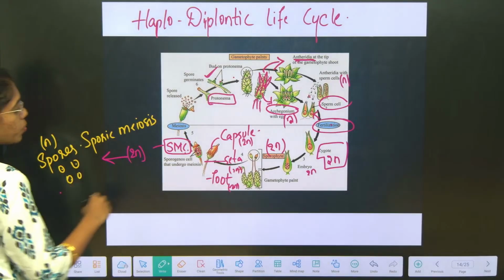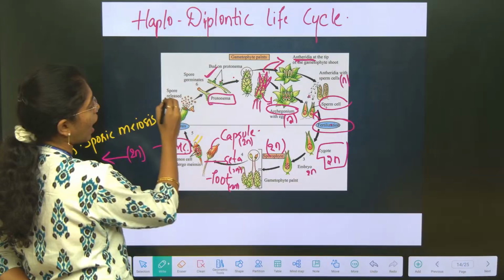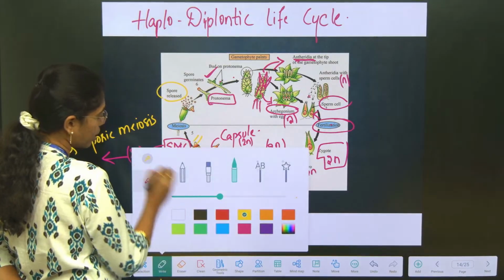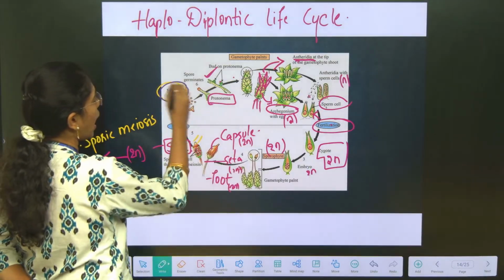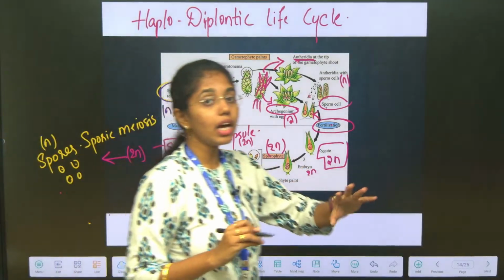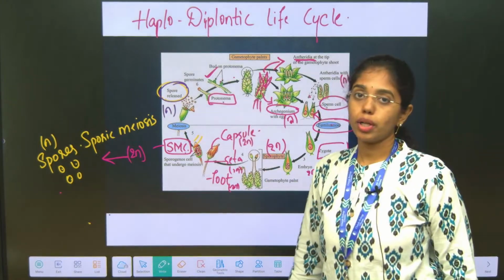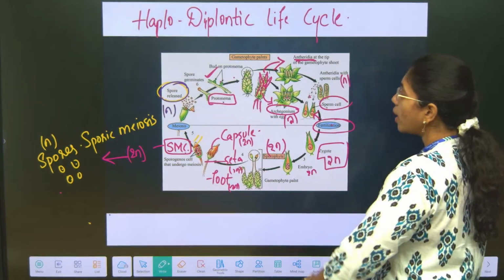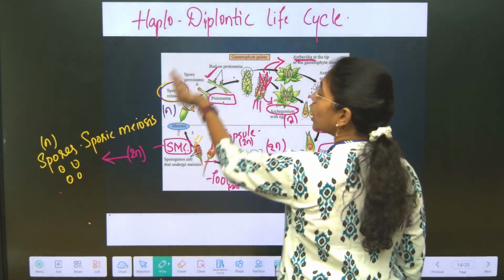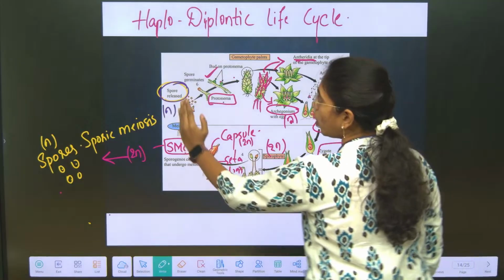These haploid spores are released with the help of peristomic teeth, and the ploidy of the spores is haploid. Haploid spores landing on suitable substrata will develop into a new gametophytic structure, that is, the protonema. Clear, right? Here it exhibits equal haplontic phases and diplontic phases.